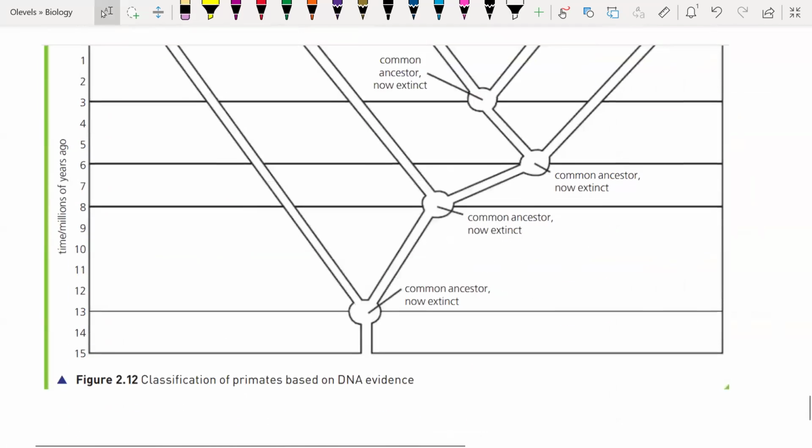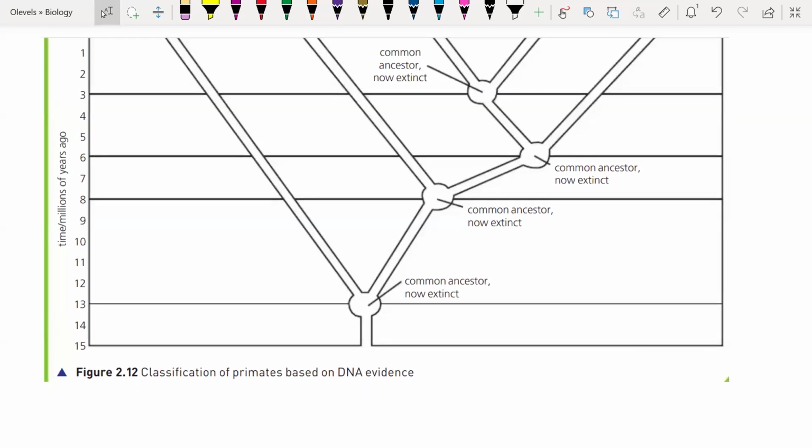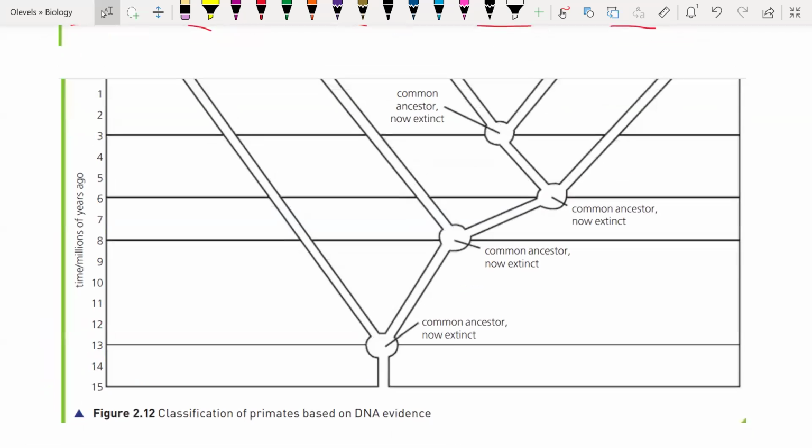Here's an image for classification of primates based on their DNA evidence. Could anyone tell me what this image indicates? Any one of you?